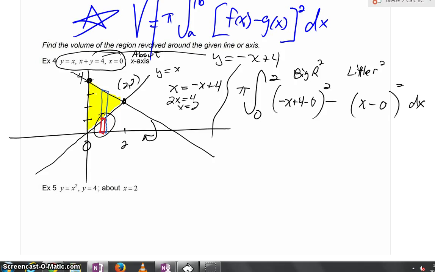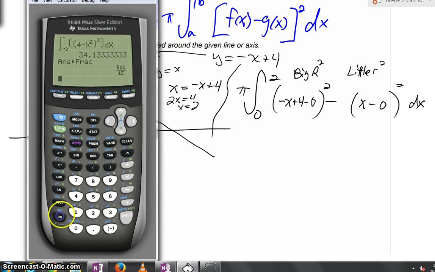So, listen, at this point, you could very quickly get this typed out on the calculator. I'll leave a pi out for the moment. And let's just do a math 9. And we're going to go between 0 and 2. I'm going to start off with some parentheses and say negative x plus 4.